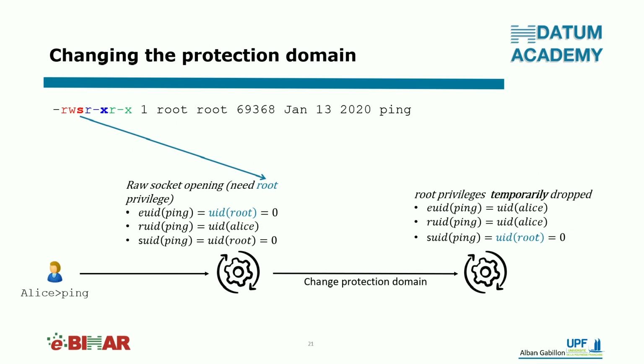And the process can do this by setting the effective UID to the real UID. The process has temporarily dropped root privileges. Why temporarily? Simply because the now unprivileged process can change back to root by setting its effective UID to the saved UID.